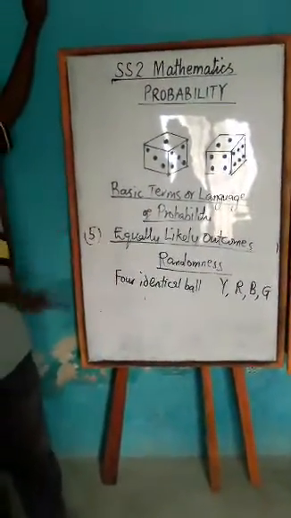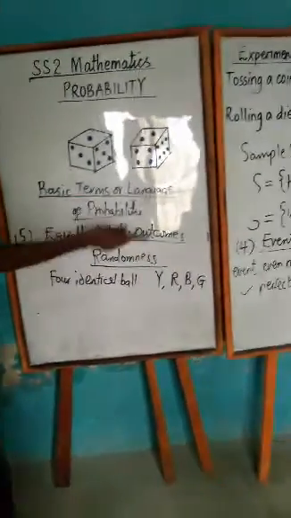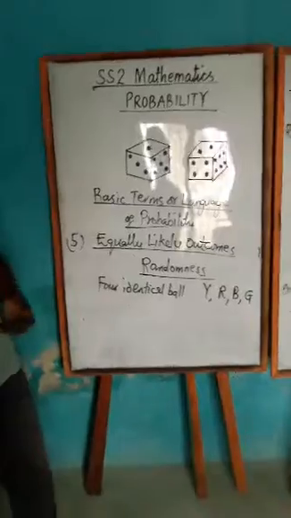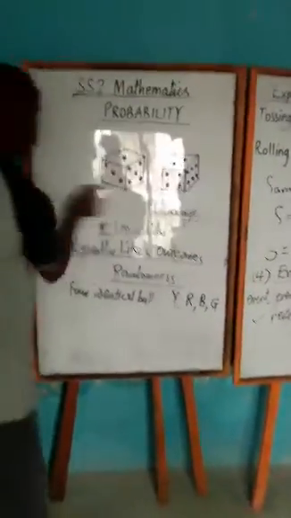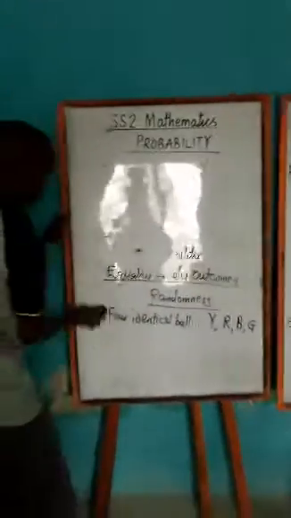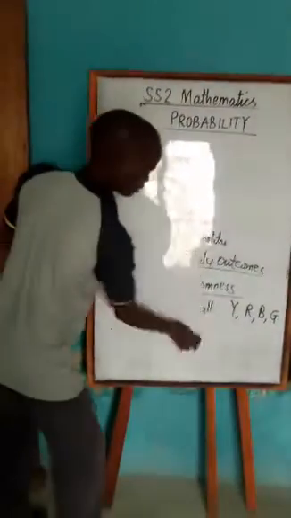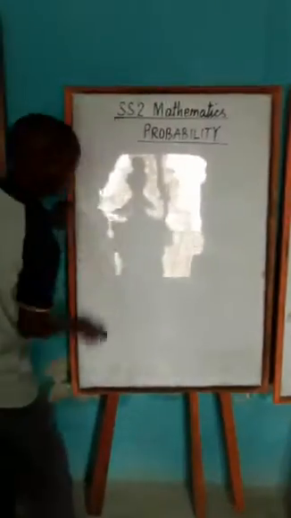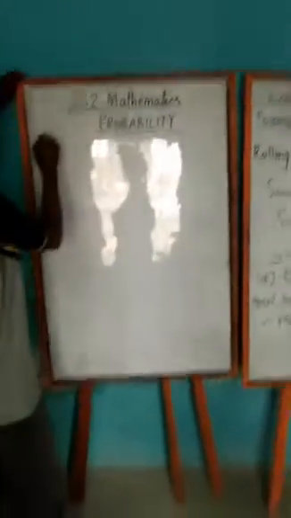So that is the meaning of equally likely outcomes or randomness. Okay, so let's quickly go to the mathematical notation of probability before we take some examples.